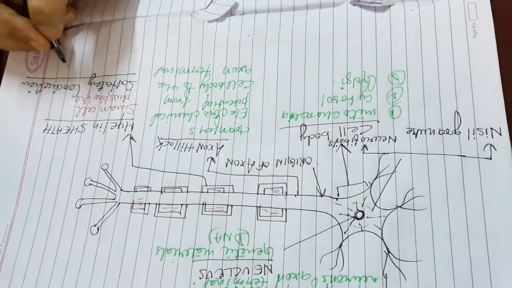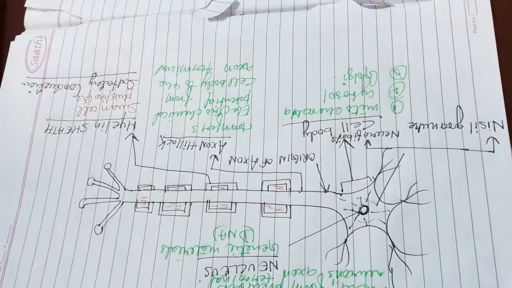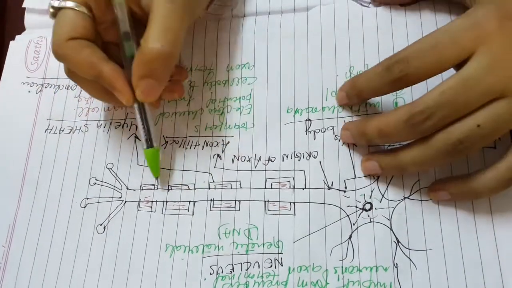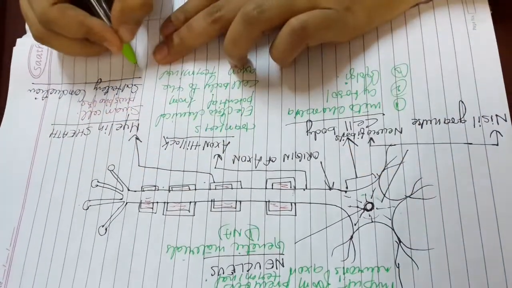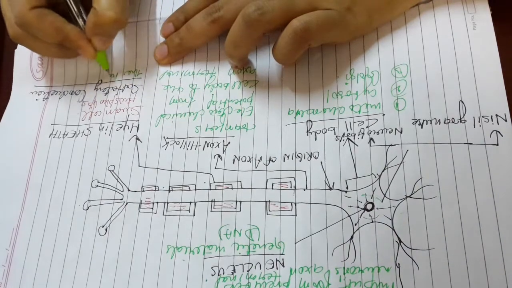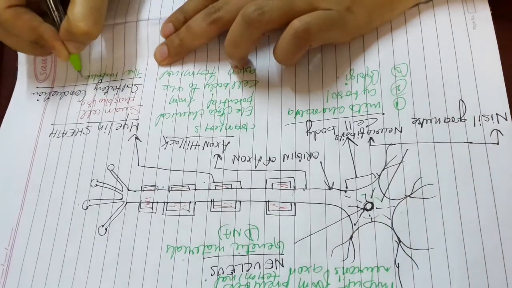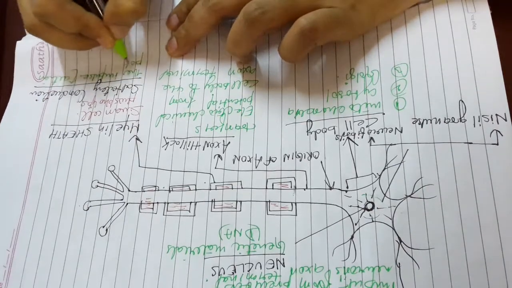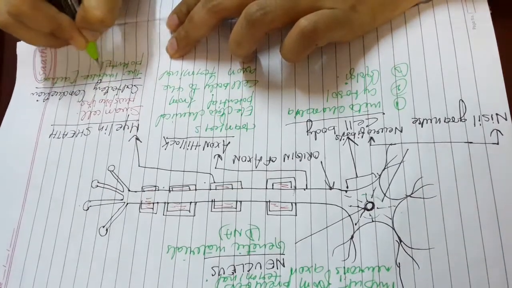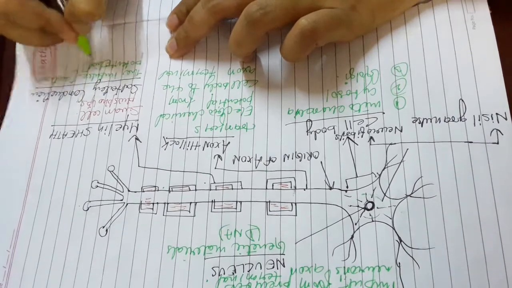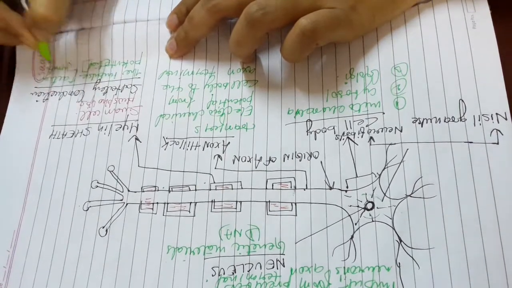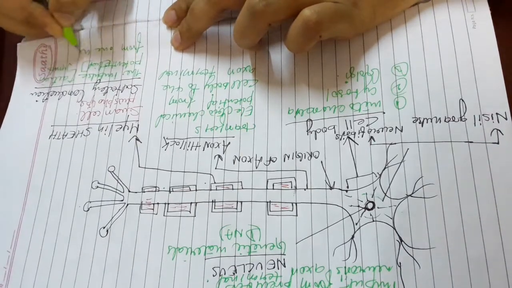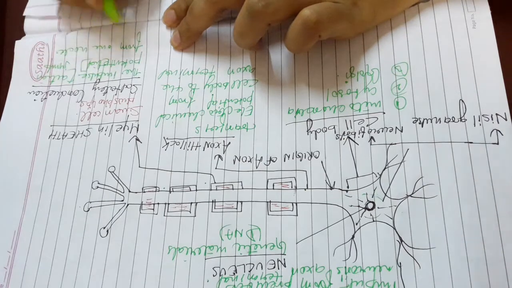So the saltatory conduction is where the impulse, the action potential, jumps from one node to the other node.